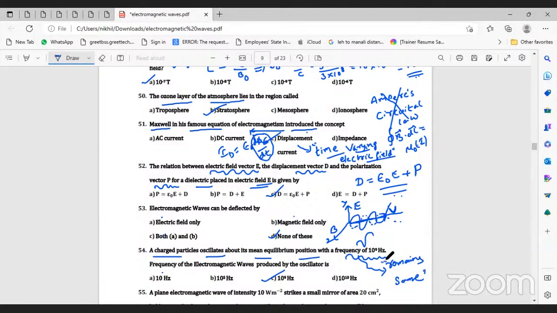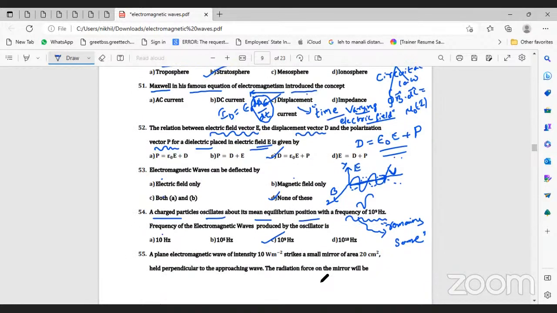So frequency remains same. The charged particle oscillates about its equilibrium position with a frequency of 10 power 9 hertz. That clearly tells the frequency of the electromagnetic waves is also 10 power 9 hertz. That is option C. So option C is the right answer. Why option C is the right answer?